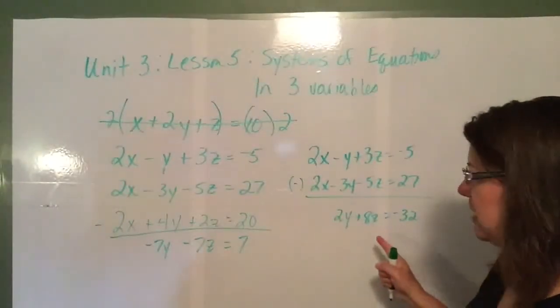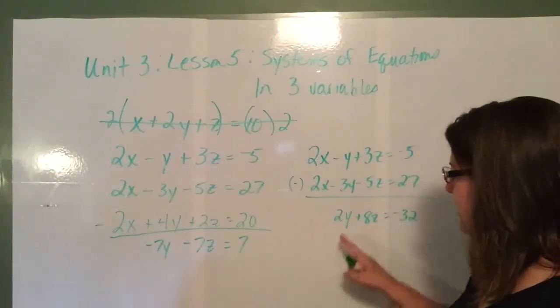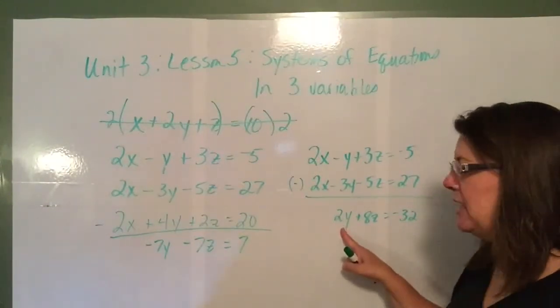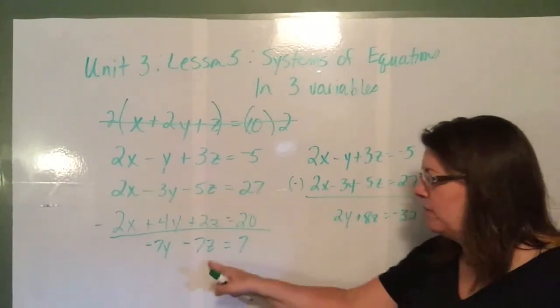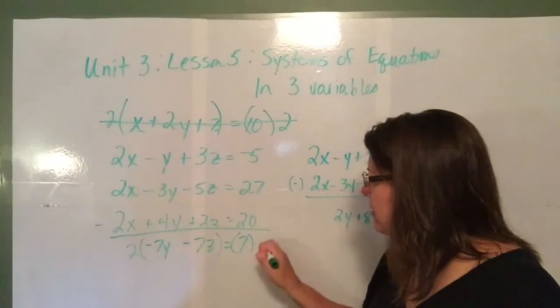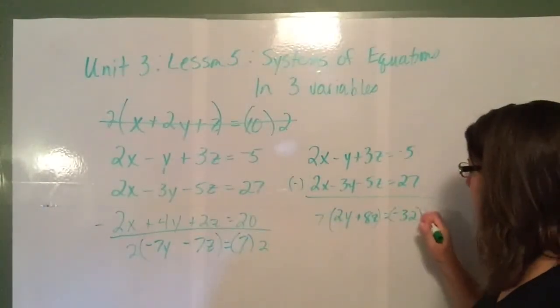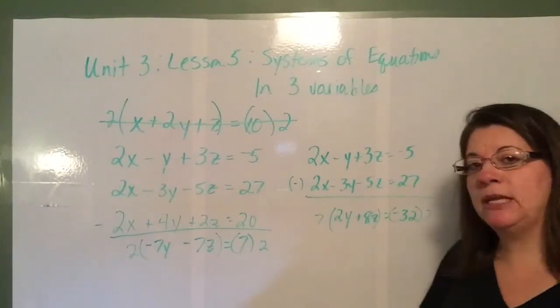So if we look at this, this has a negative 7y, this has a 2y. So I think it would be pretty easy if I multiply this one by a 2 on both sides, and I multiply this one by 7 on both sides, I'll be able to eliminate the y.